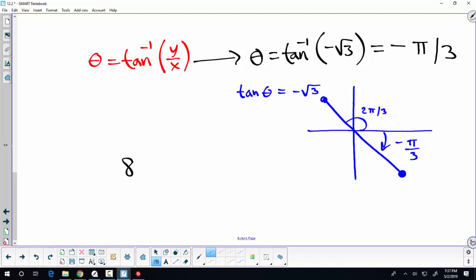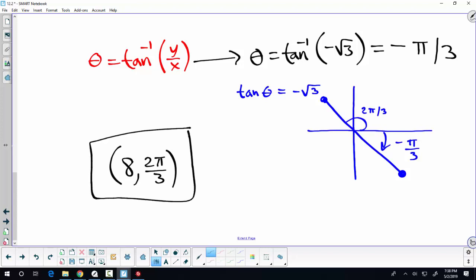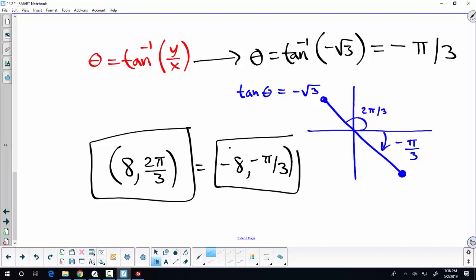So would 8, 2 pi over 3 work? Right. So either one would work.